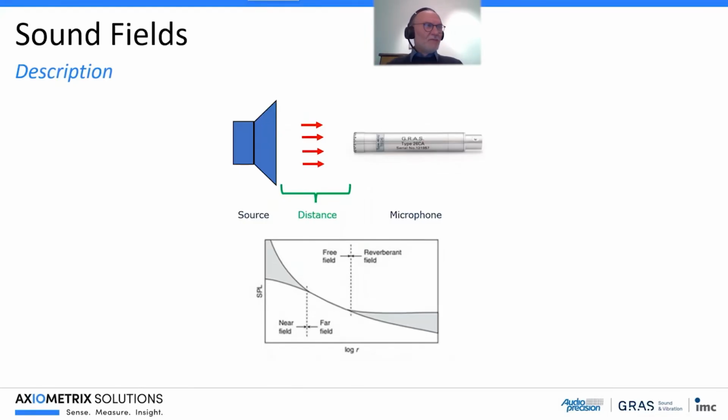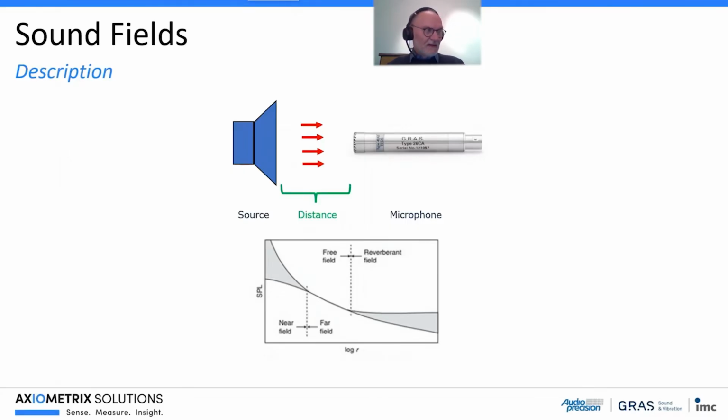But if we move the microphone a little away from the speaker, then we will still see almost the same value, until we see that the output of our microphone will start falling with 6 dB per double distance.